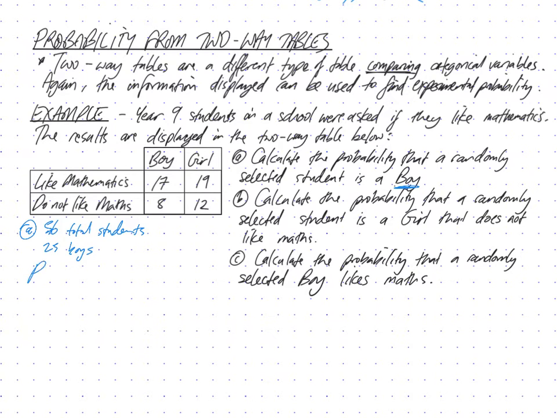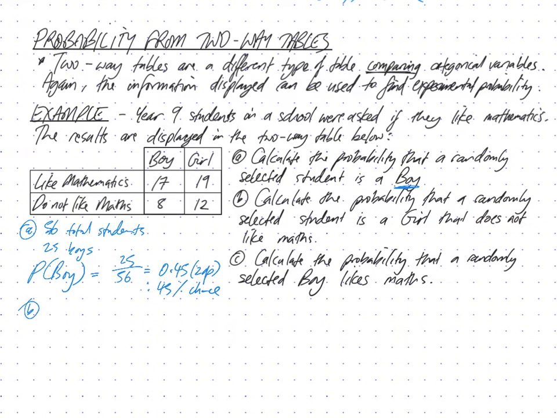So probability of a boy is going to be 25 on 56. 25 divided by 56 is 0.45 to 2 decimal points, therefore 45% chance that you randomly select a boy.